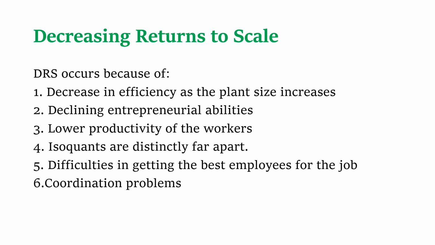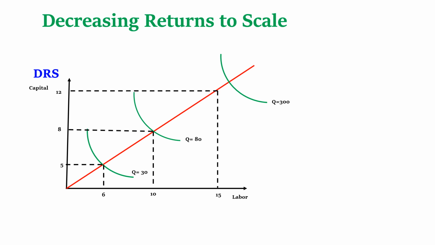So you have a lot of coordination problems when the farm's production function exhibits decreasing returns to scale. Now, if we look at the isoquants here, they are all far apart. They are not very close as in the case of increasing returns to scale that we did earlier.